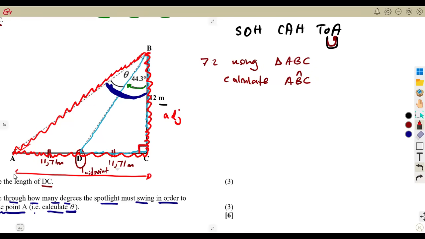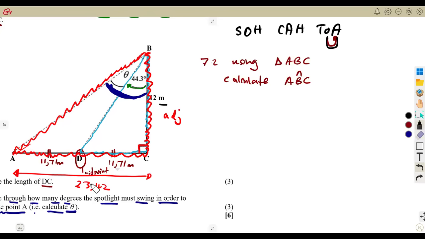Remember, we said these two are equal, so you're just going to add 11.71 plus 11.71, or 11.71 times 2. That is one and the same thing. That is going to give us 23.42.